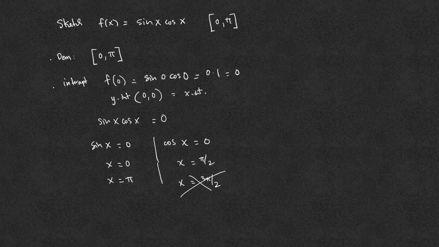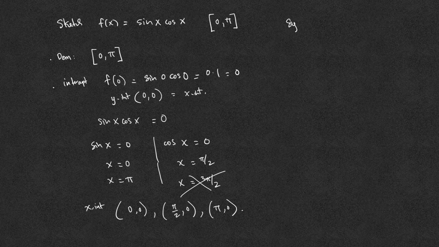So the x-intercepts are when x equals 0, y equals 0; when x equals pi over 2, y equals 0; and when x equals pi, y equals 0. So there are 3 x-intercepts and 1 y-intercept.